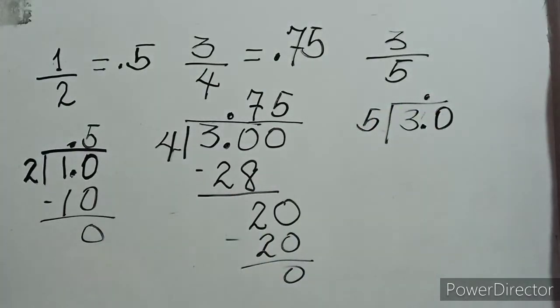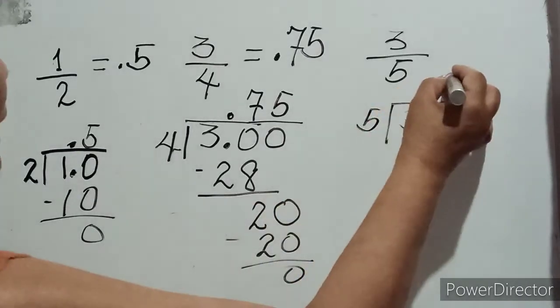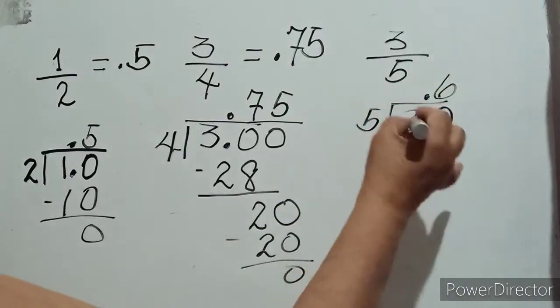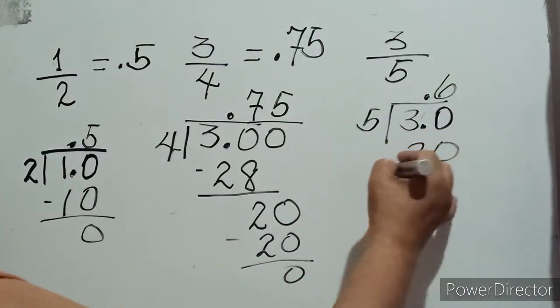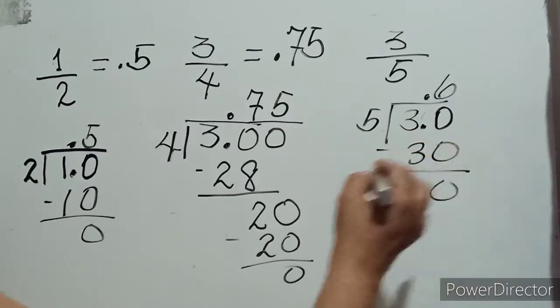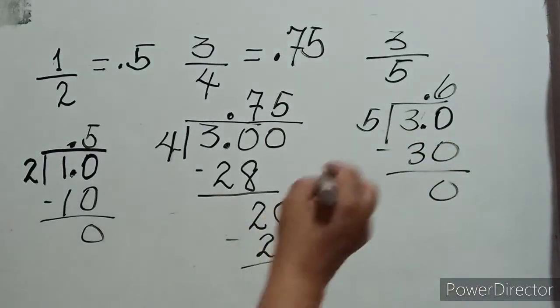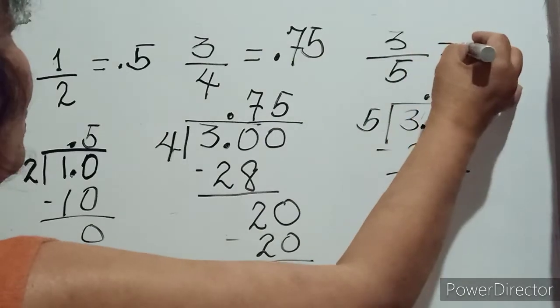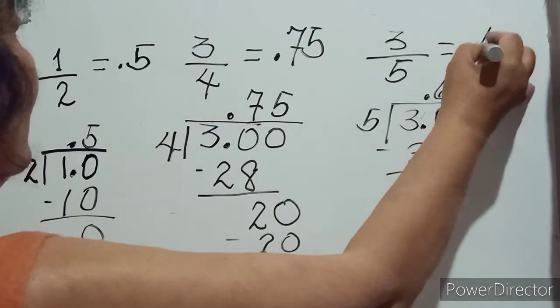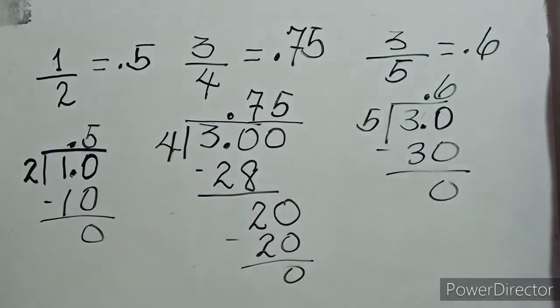So 30 divided by 5 will give you 6. 6 times 5 is equal to 30. You subtract, it is equal to 0. So 3 all over 5 is equal to 0.6. Simple, isn't it? All you have to do is to divide your numerator by your denominator.